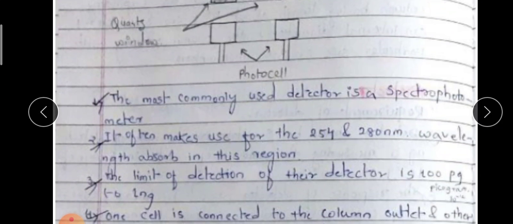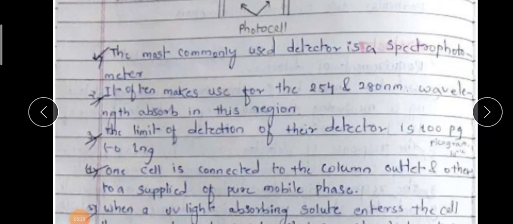The same spectrophotometer is used for the wavelengths of 254 and 280 nanometer. Another thing we have seen is the limit of detection, which is 1 picogram to 1 nanogram, or 100 picogram to 1 nanogram.